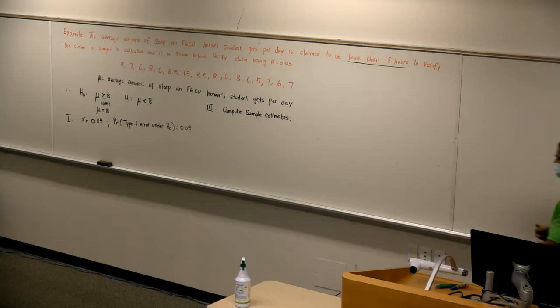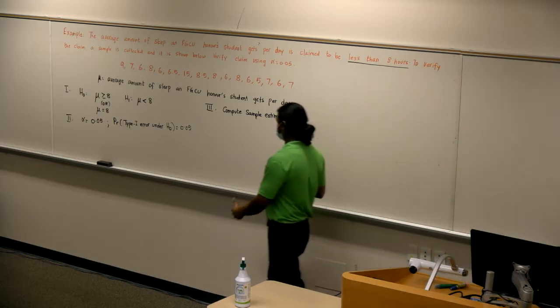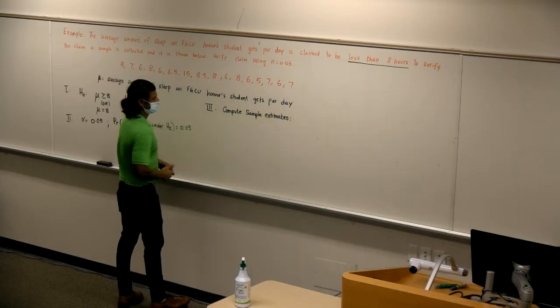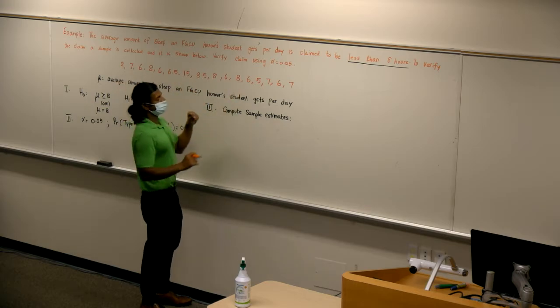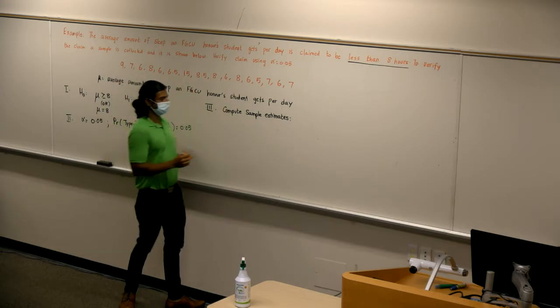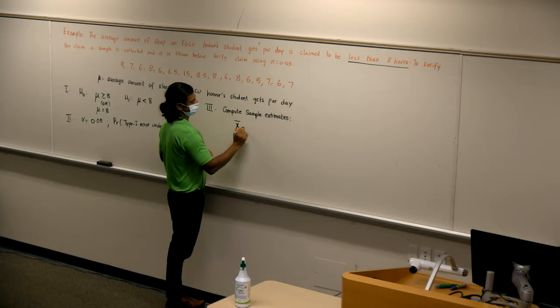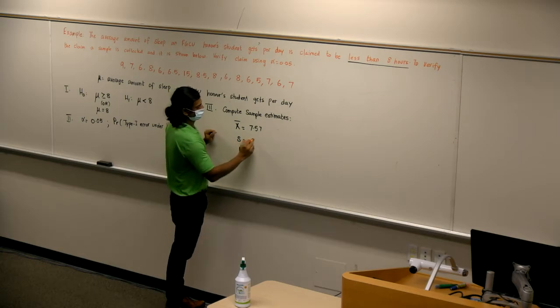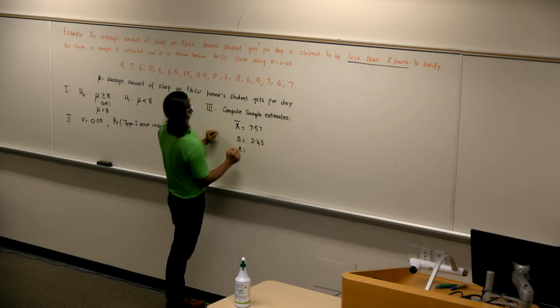We know how to find them given a sample. So go ahead, put that in list 1 and tell me what the mean and standard deviation are. 7.57 and 2.43. How many do we have? 14.